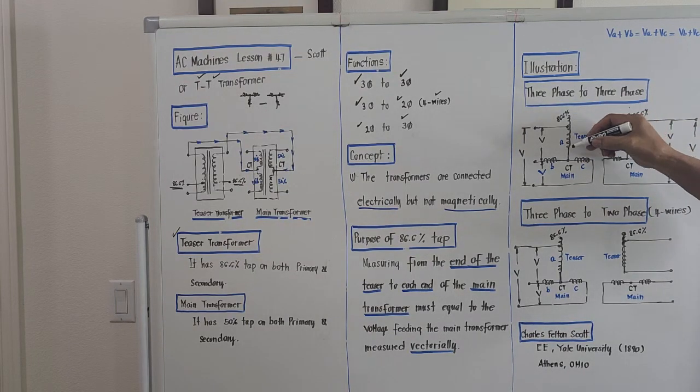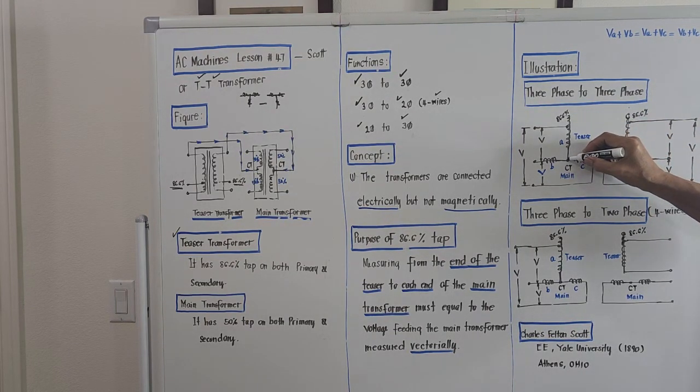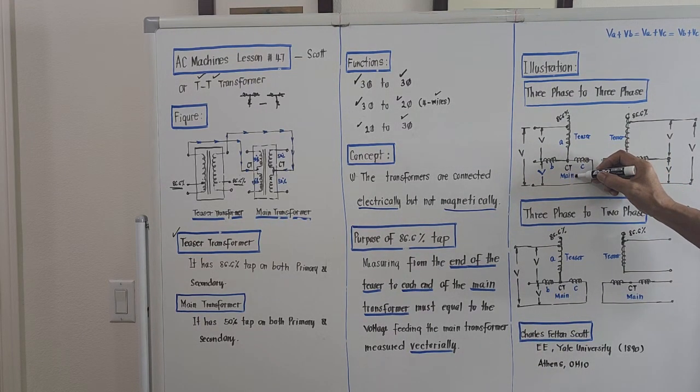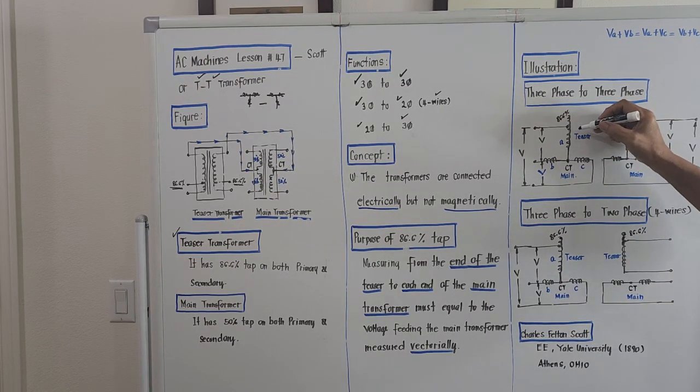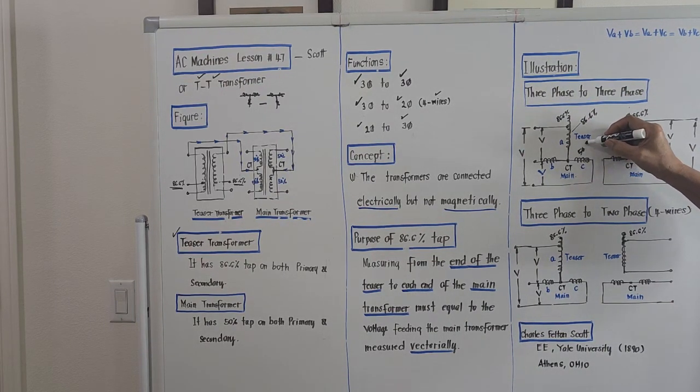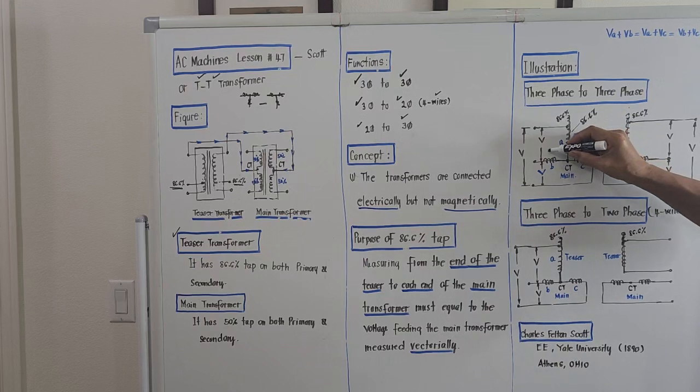This is the teaser transformer. One end of the teaser, we connect at the center tap of the main transformer. One center tap. This end here is connected to the center tap, and this portion here has 86.6%. This is 50%, and this is also 50%.